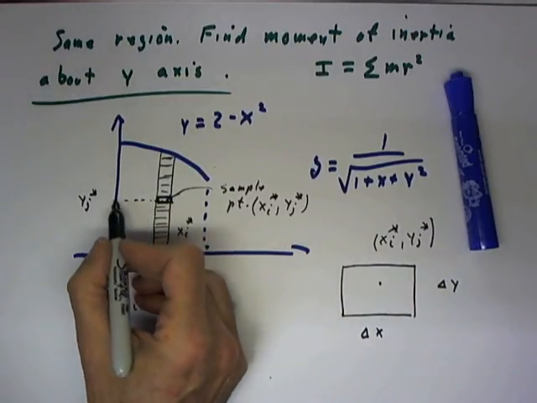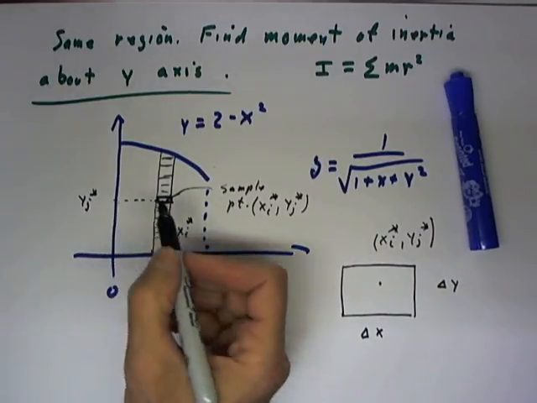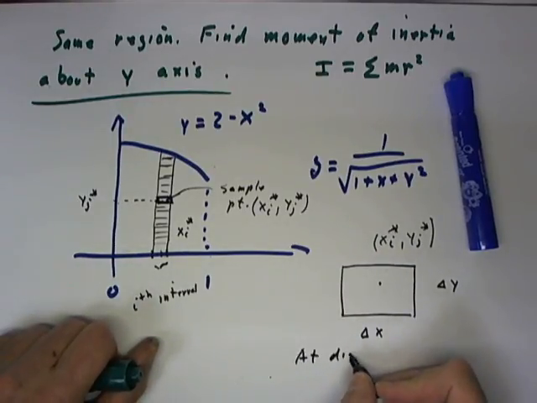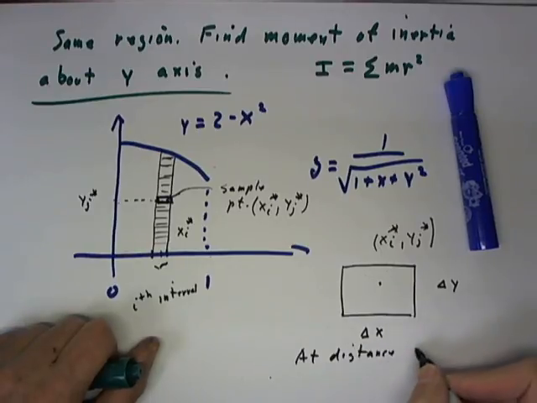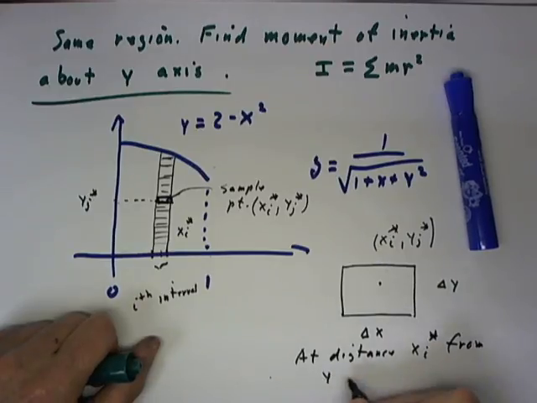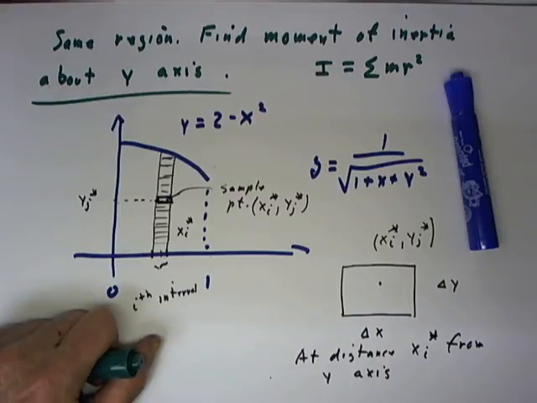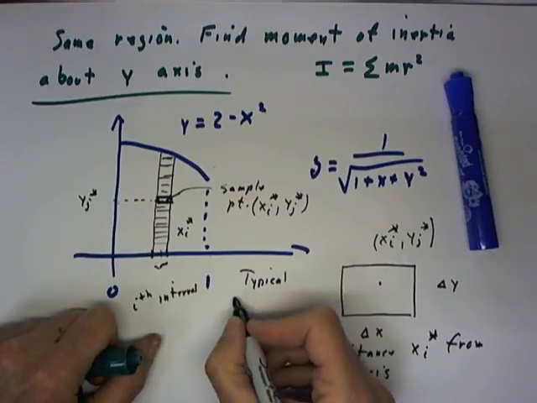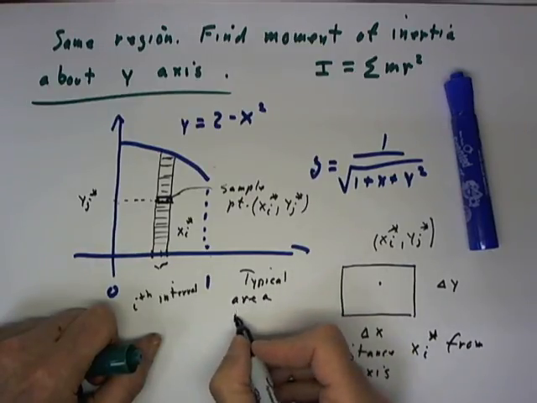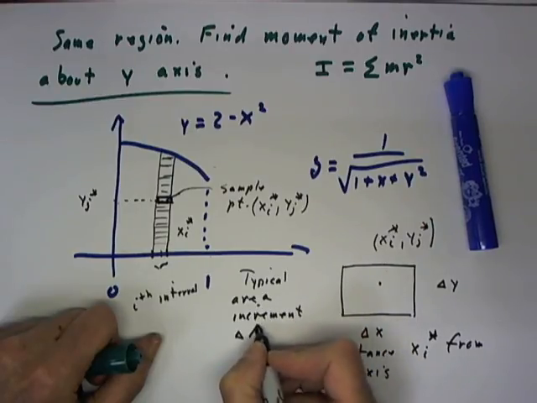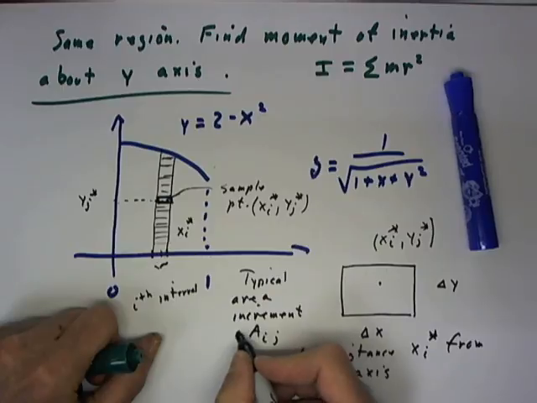The distance of our sample point from the y-axis is xi star, and this is our typical area increment delta A sub ij.